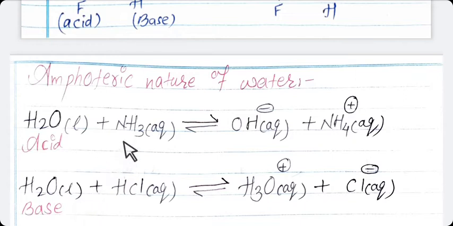Simple concept. Water here acts as an acid, means it gives an H plus ion. When water gives an H plus ion, according to Arrhenius, it is an acid. It gives an H plus ion to NH3. NH3 will become NH4 plus, and water will become OH minus.